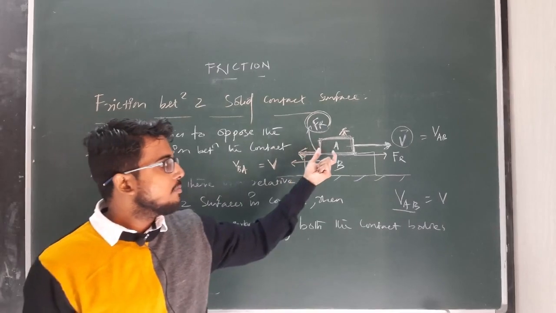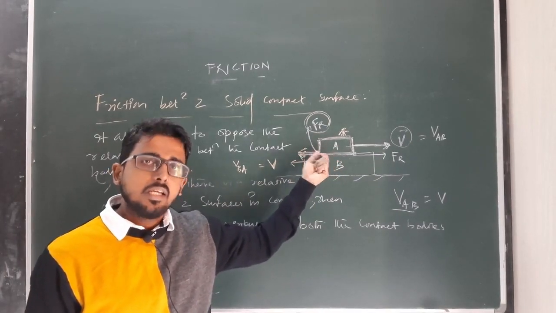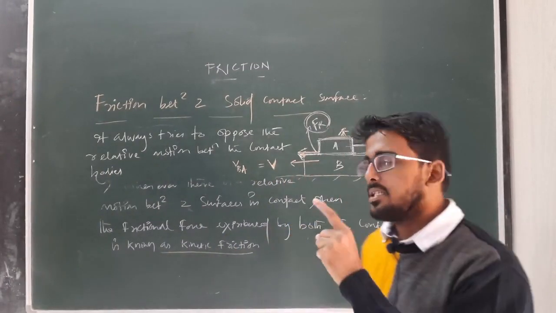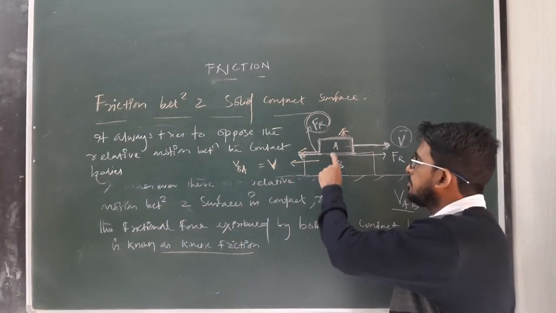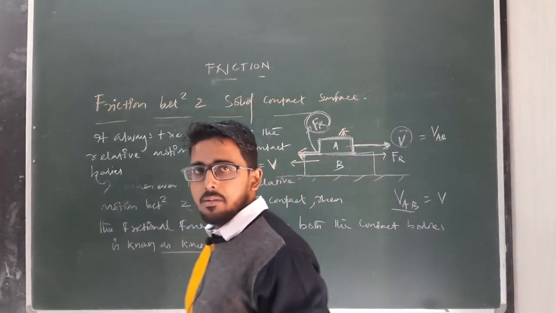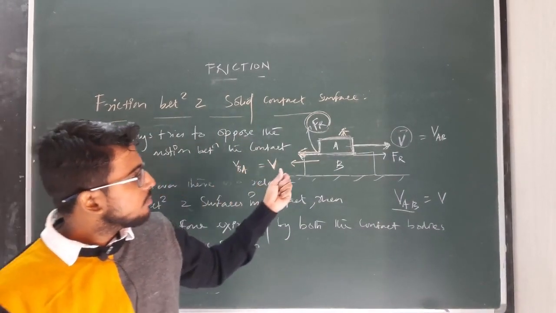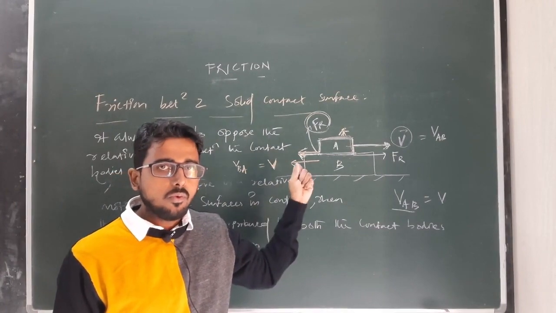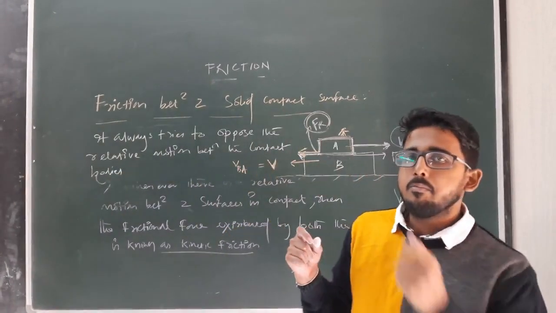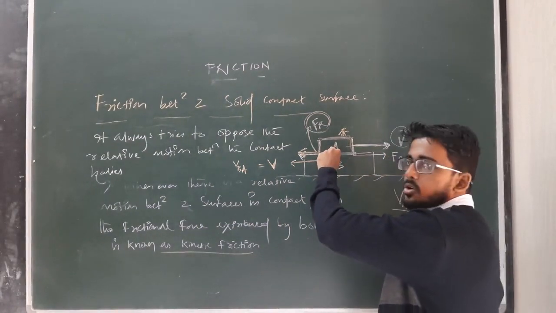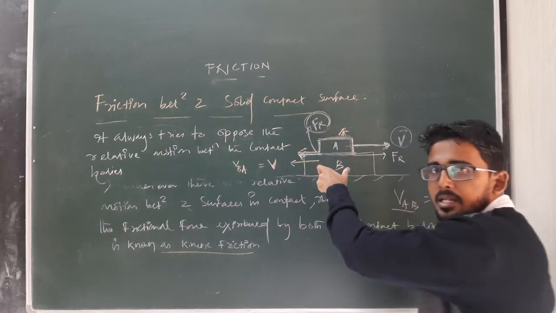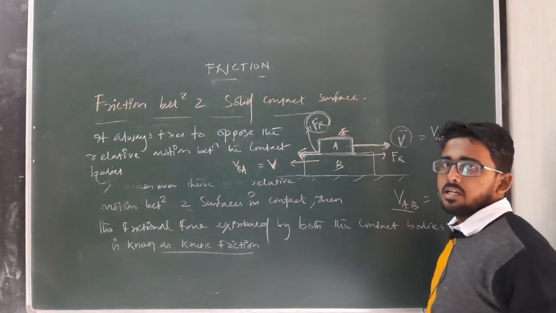If there is a relative motion between the contact surfaces, then by the nature of the surface there exists a frictional force, and if the relative motion occurs, then that type of frictional force is known as kinetic frictional force, and the direction of the frictional force will be in such a way that it always tries to oppose the relative motion between the contact surfaces. Clear? With respect to the body which is applying the frictional force.